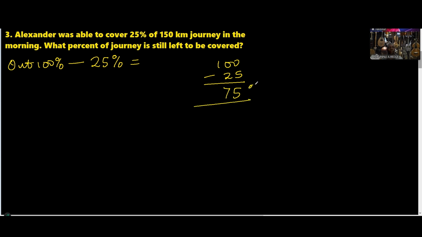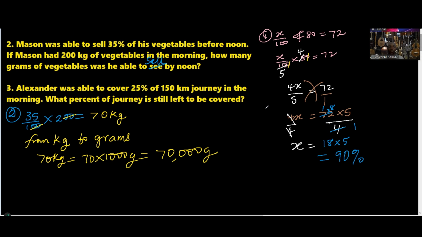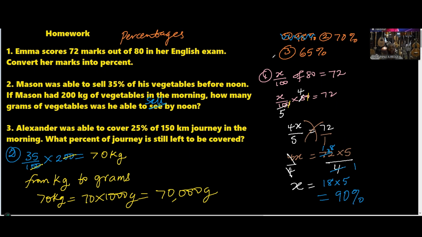So this is 75%. That means technically you were not careful with that third one. And for this one you got 70, but you didn't say whether it was kilograms, and the question says in grams.